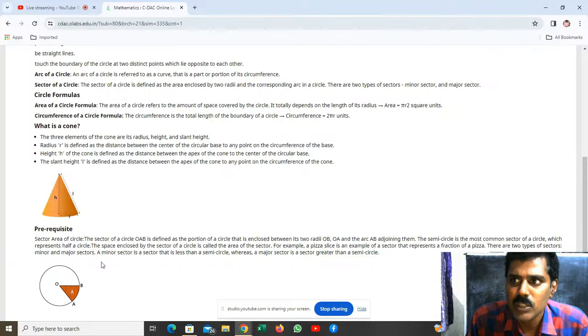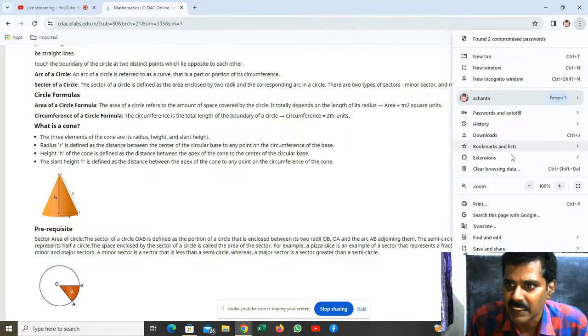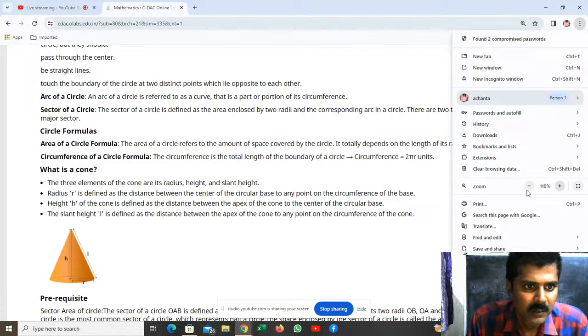The three elements will be, one is radius, second one is height and third one is slant height. So these things we will mention here.